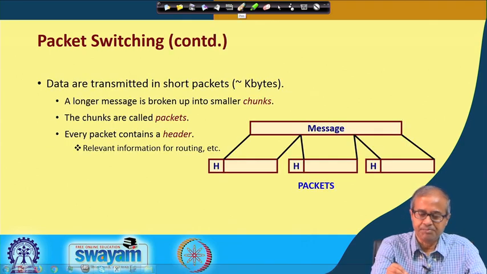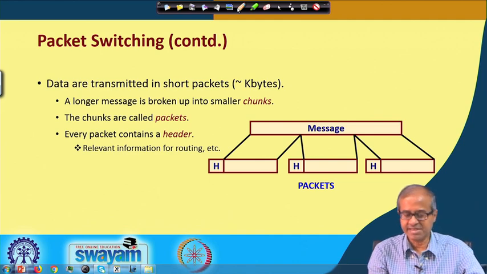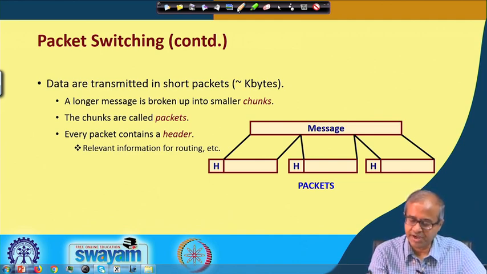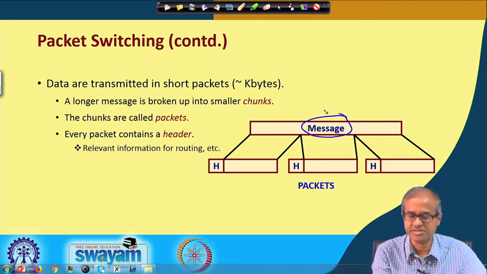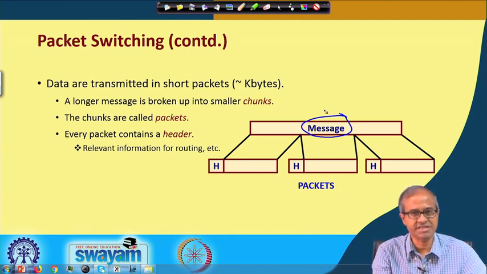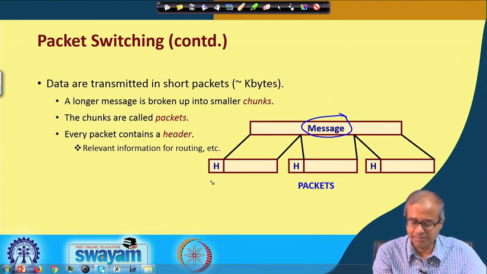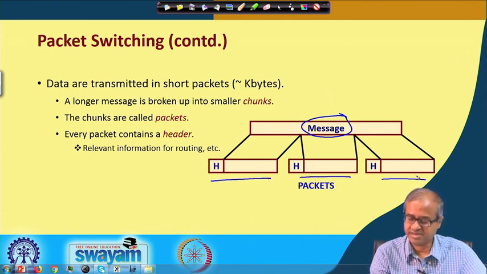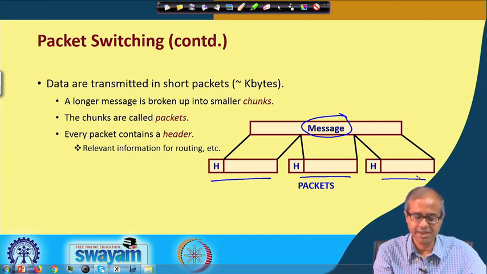Now, in packet switching, the essential idea is that when you are trying to send a message, suppose here we have a message that you want to send. First step, the message is broken up into smaller pieces or chunks which are called packets. These are my packets 1, 2 and 3, there are 3 packets. Okay?